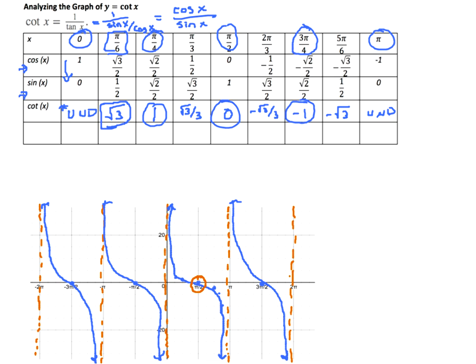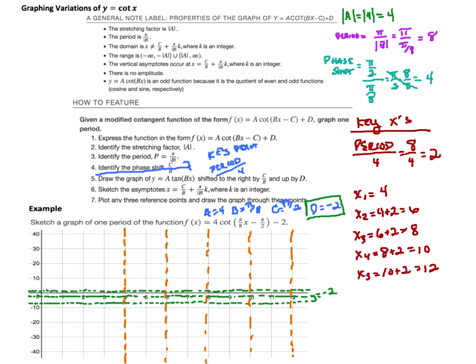So between the period, right at the very center, the midpoint of the period is my midline intercept. And then halfway between my midpoint and my leftmost boundary asymptote was my next key point. And then halfway between was another key point. So I use my upper and lower boundaries that I found using the absolute value of A to show me where those key points live with my graph.